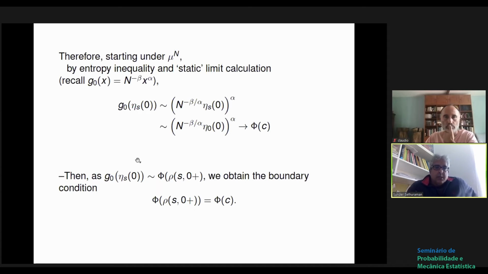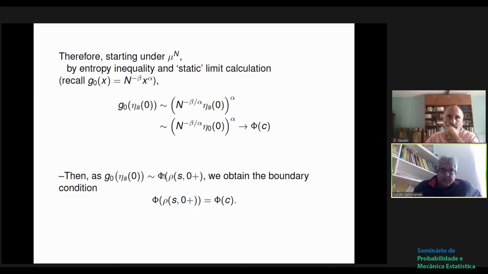Okay, so this constant C is the density that mu n has relative entropy order n with respect to the invariant measure, where the invariant density was C. So that's what the C is, and so we get this boundary condition in the supercritical case, beta bigger than alpha. So this is this equality.